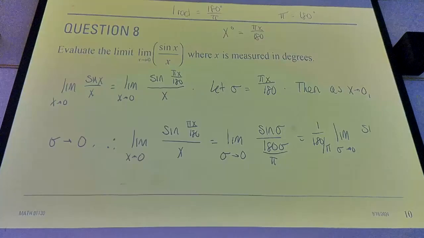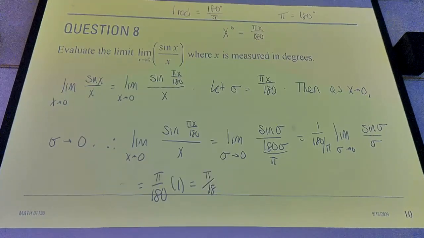Factor out the 1 over 180 over pi, that limits 1. What is 1 over 180 over pi? How does that simplify? It's pi over 180, the reciprocal. The limit is pi over 180.